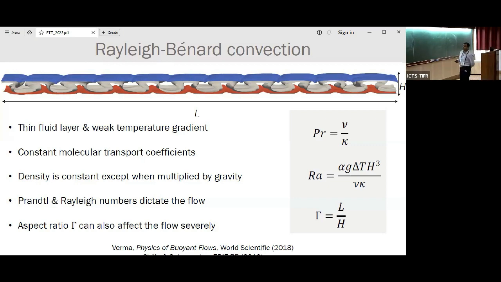Another parameter is the aspect ratio, which is the horizontal extent of the fluid layer relative to the depth, and it also plays an important role as long as it's not very high. When you start to constrain the flow, it can affect the properties, as Jörg also discussed in his slides.